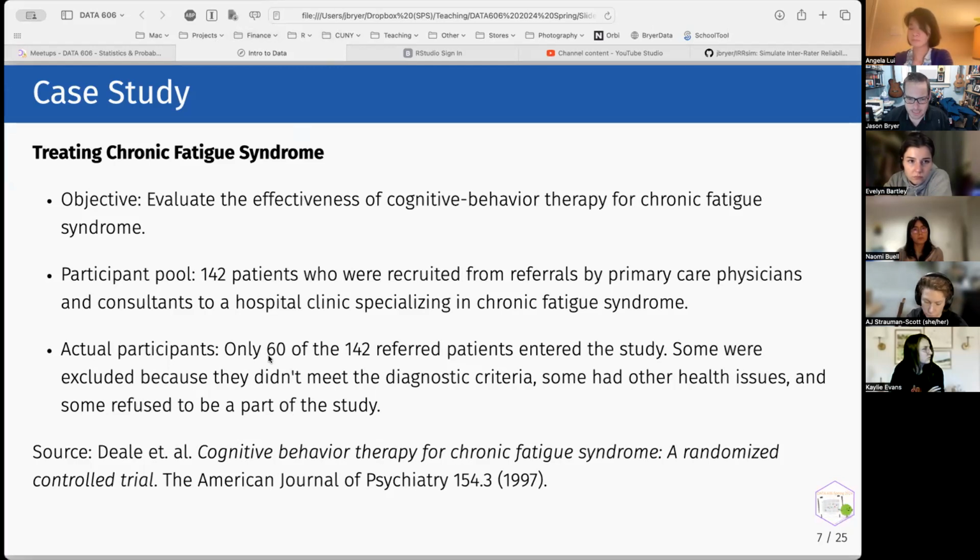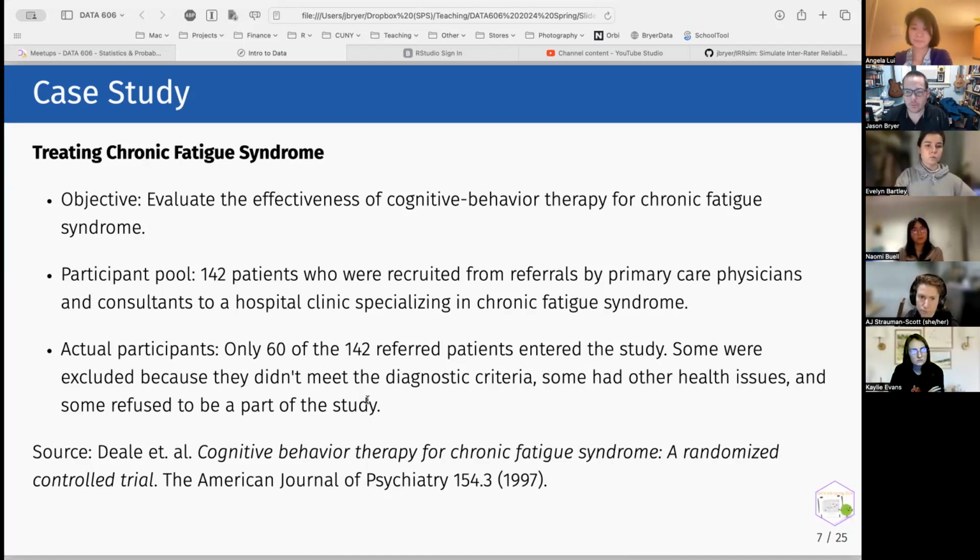So we can collect data on these 60 patients, do an intervention on some or not, and that could say something. But what do we want to say? What is our conclusion? We would like to say something about whether or not cognitive behavior therapy is effective for people who have chronic fatigue syndrome. But because of the way the data is collected, we have a sample, and hopefully that sample informs something about some larger population, right?